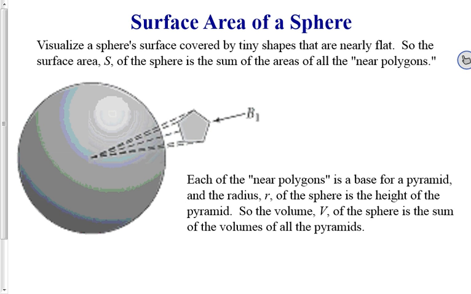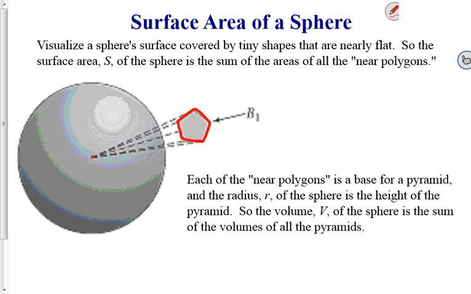Now, there's a sphere, and we're taking a tiny little piece of that sphere from right there, and we are going to pull it out and enlarge it. And that tiny little piece ends up being a regular pentagon. Now, that regular pentagon is the base of a much larger pyramid whose vertex is back at the center of the sphere and whose height is the radius of the sphere.